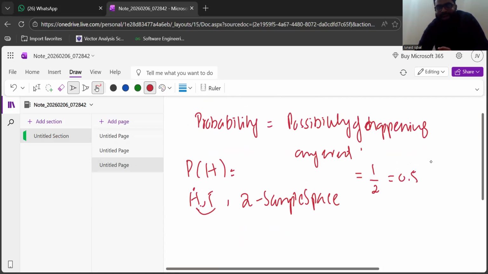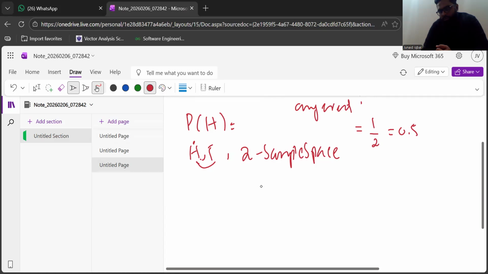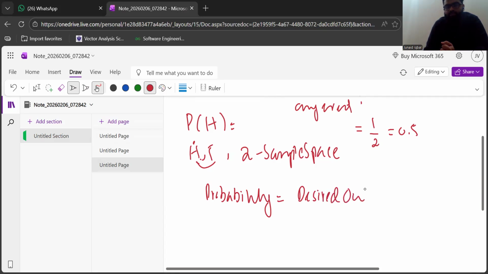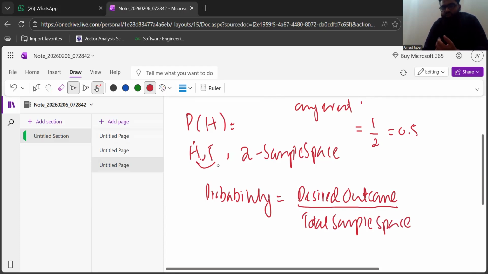Based on that, if I want to derive the definition of probability, it would be probability equals desired outcome divided by total sample space. The sample space in the case of a coin would be head and tail, all the possible events.